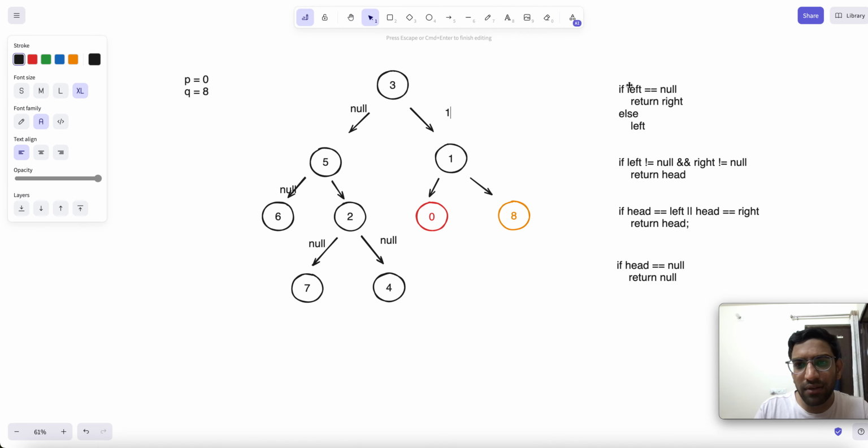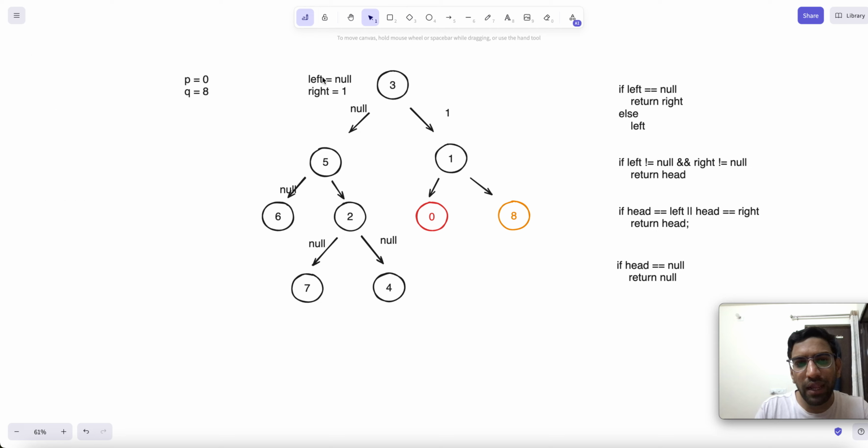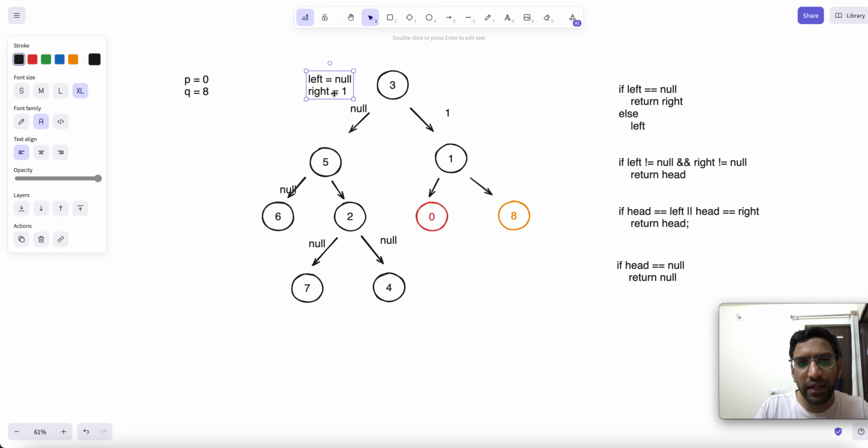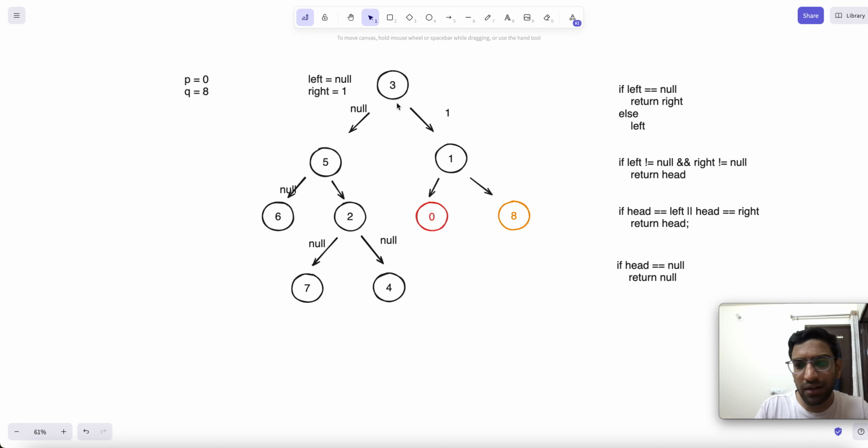Now let's check our first condition. We are saying if left is equal to null, then return right, else left. So for this, our left is null and our right is 1. It means if our left is null, we are going to return the right as an answer. It perfectly makes sense, right?